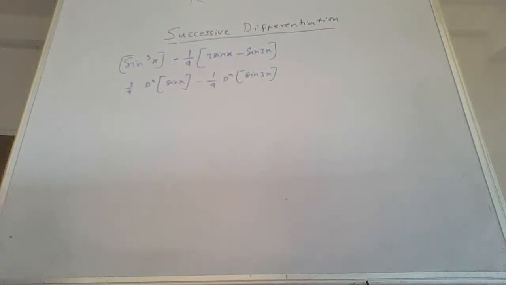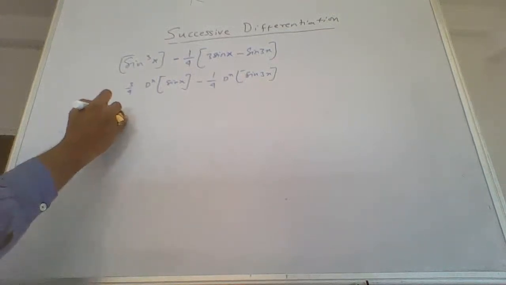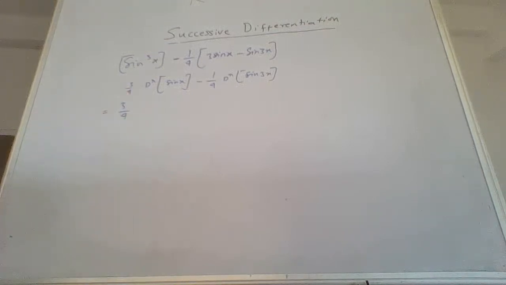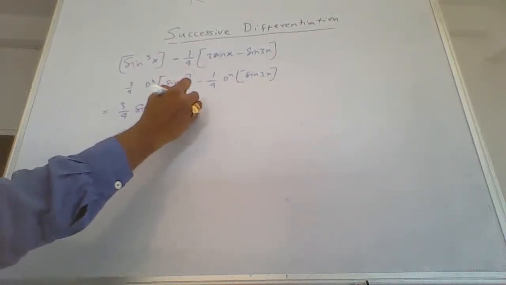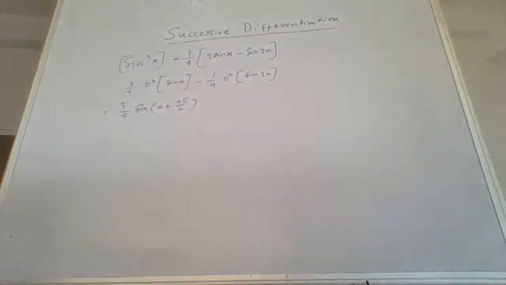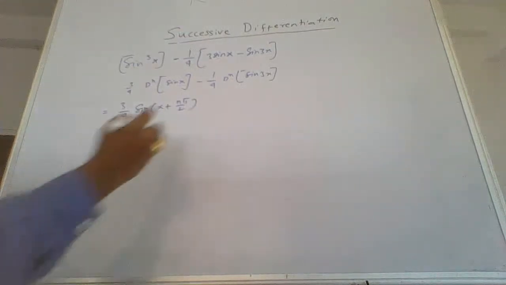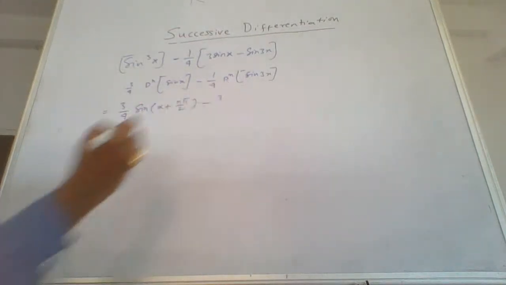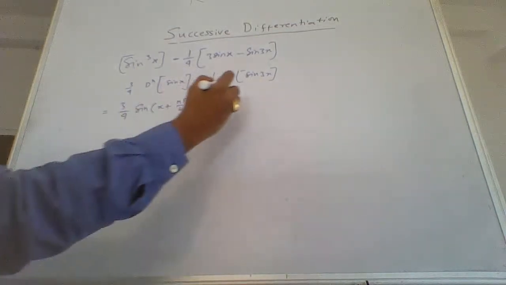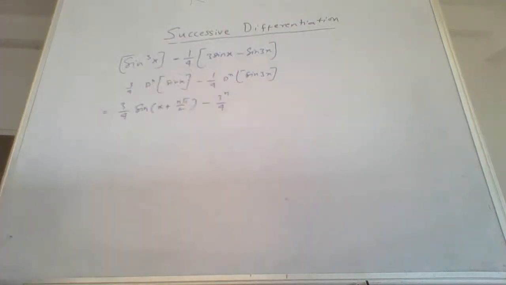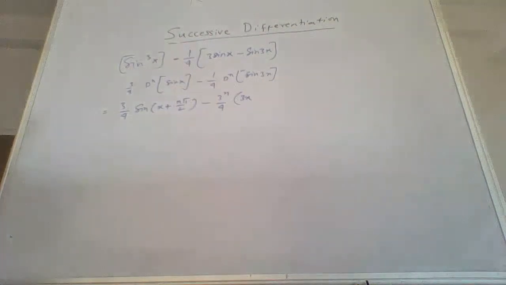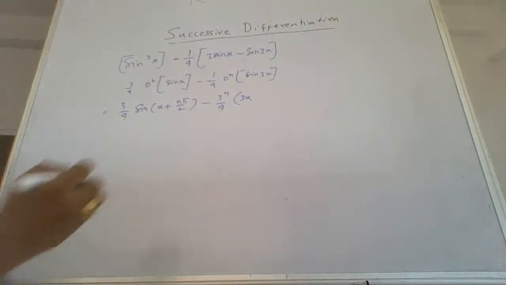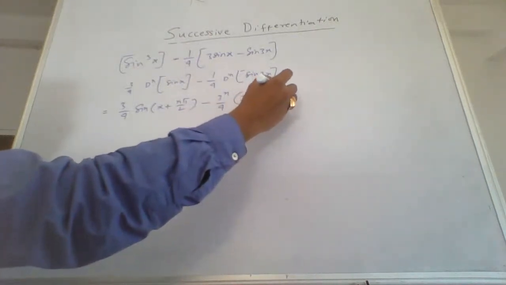So this would be 3 by 4 of sine of x plus n pi by 2, minus 3 to the power of n divided by 4 times sine of 3x plus n pi by 2.